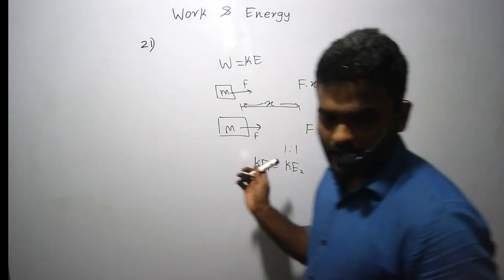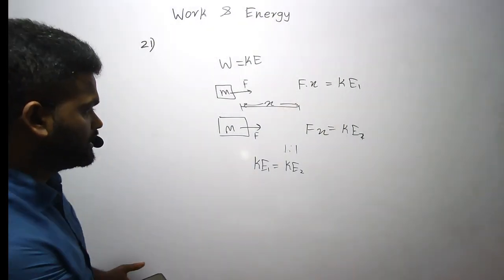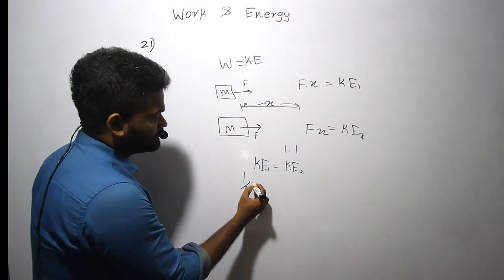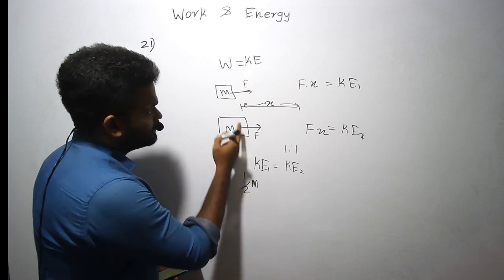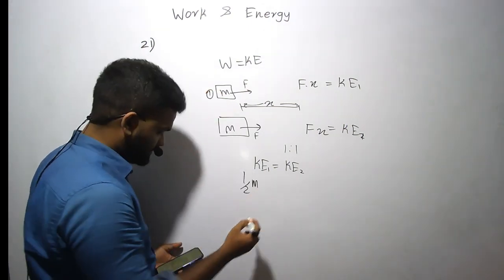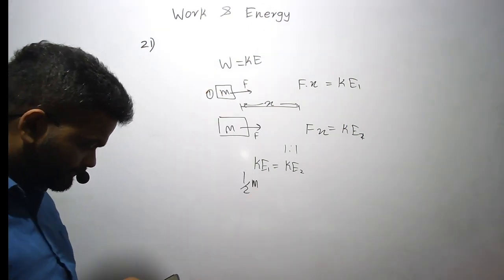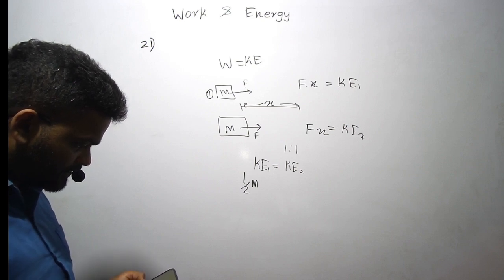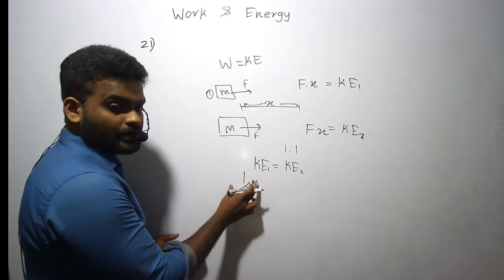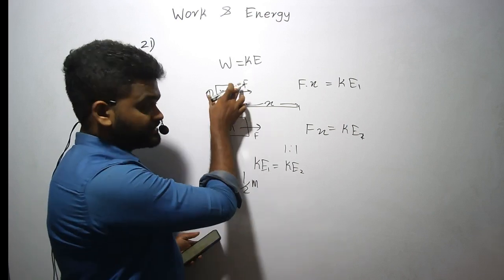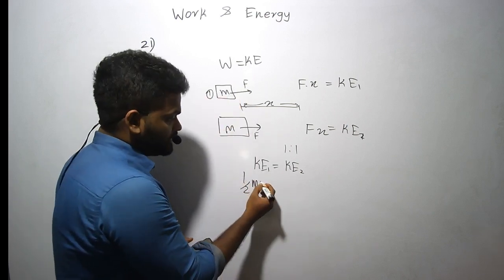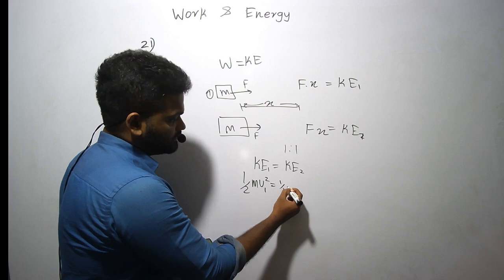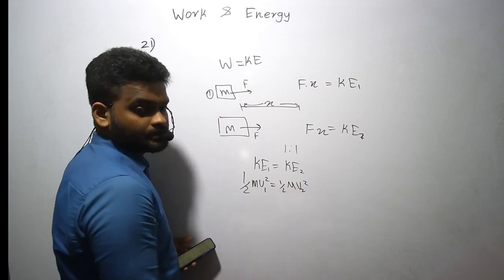Okay, so kinetic energies are the same, meaning half small m v1 squared equals half capital M v2 squared.